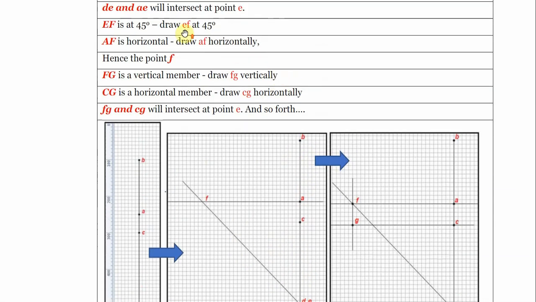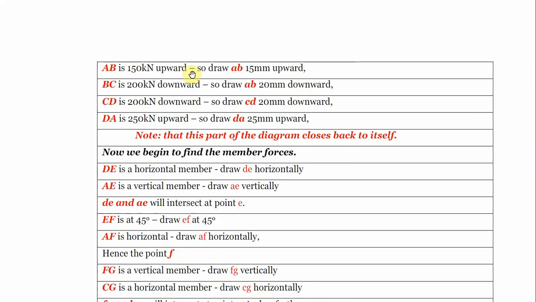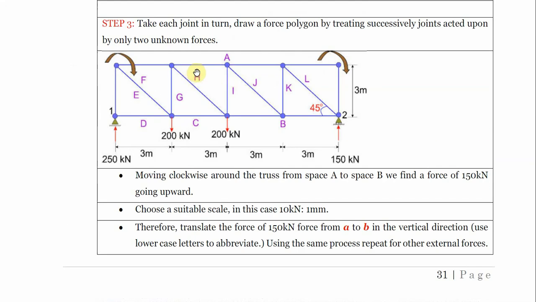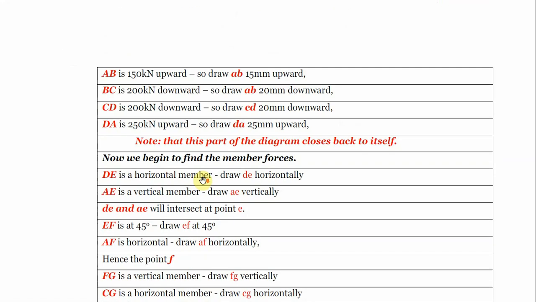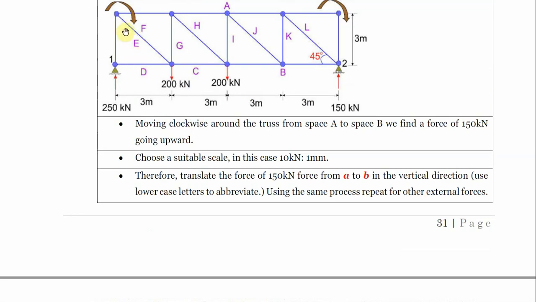Then DE and AE, we intersect. AE and DE intersect at point E, and EF is at 45 degrees.